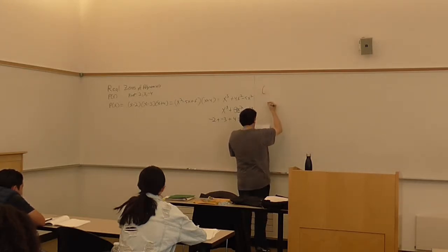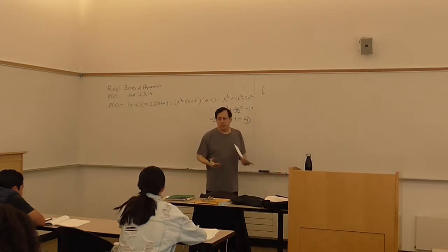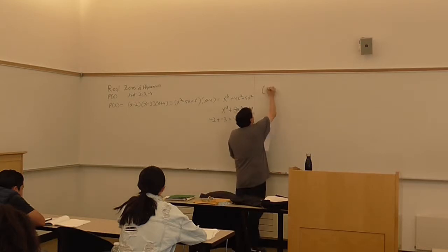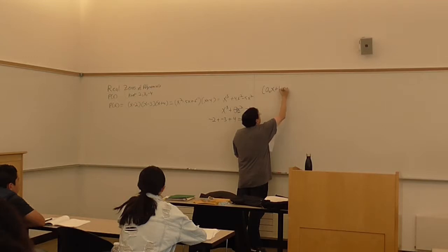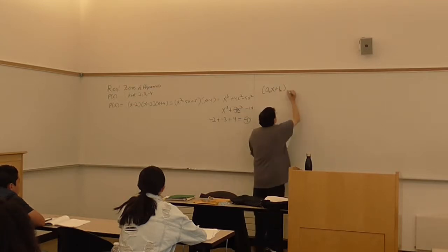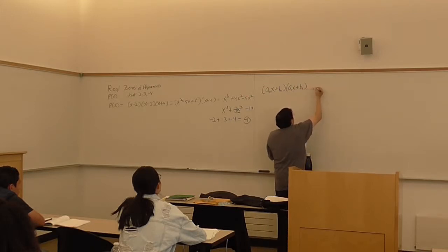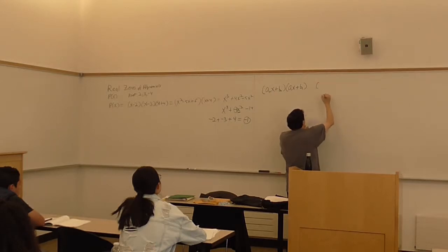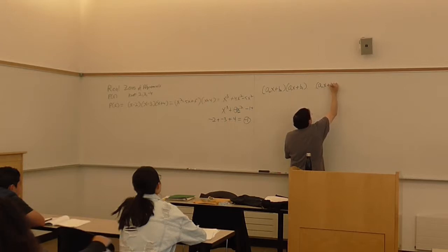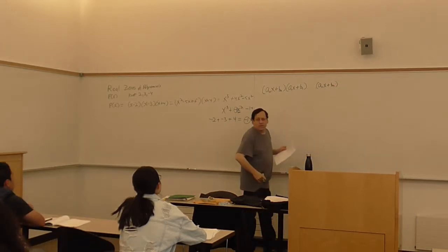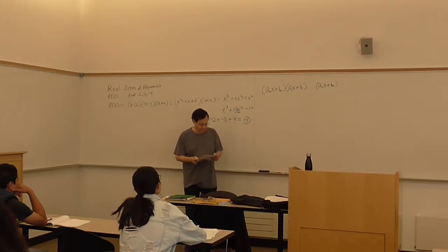So let's say I have some linear terms, and I'm going to name this A0x plus B0, and I'm going to multiply it by A1x plus B1, and I'll have some number of terms here. I'm going to have n terms. n could be a small number or a large number.